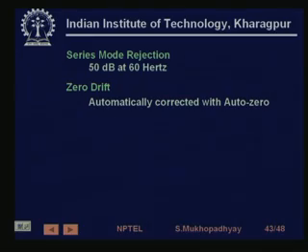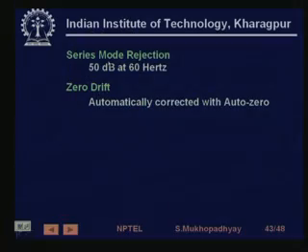Series mode rejection means that when thermocouples are drawn from long wires, they tend to pick up series mode interference, especially at the power frequency, because there may be power lines and they will add power frequency interference as a series voltage. So it says that the sensor is so constructed that it can reject such 60 hertz voltages which are induced.